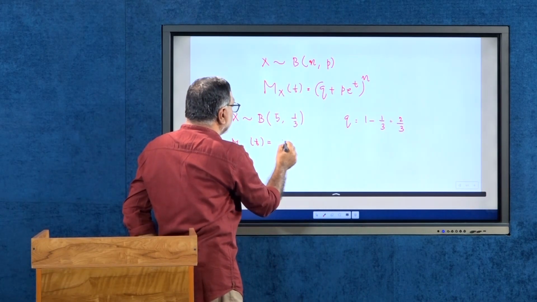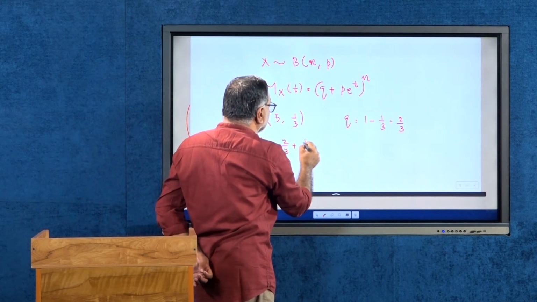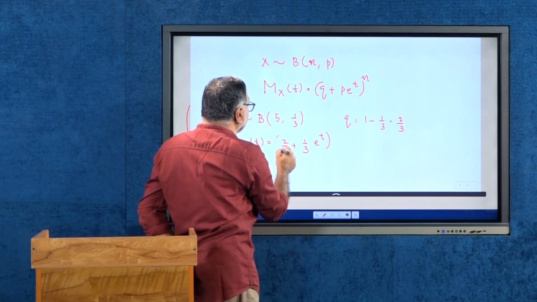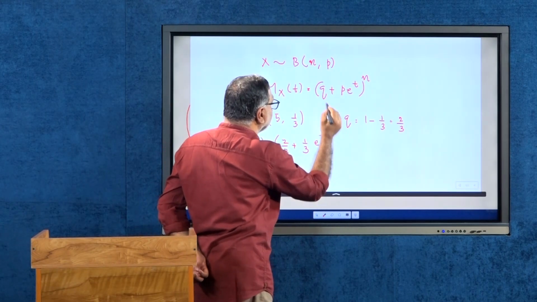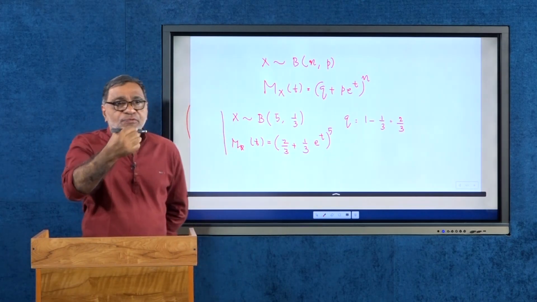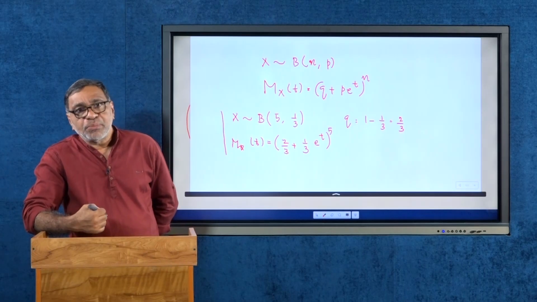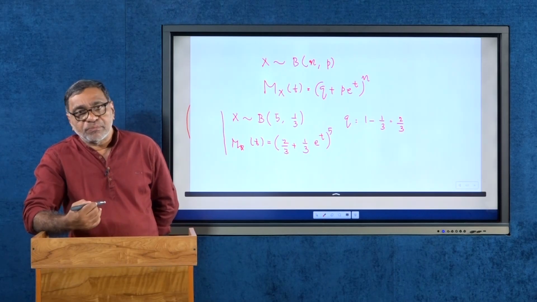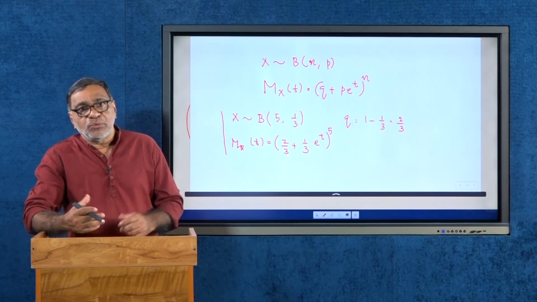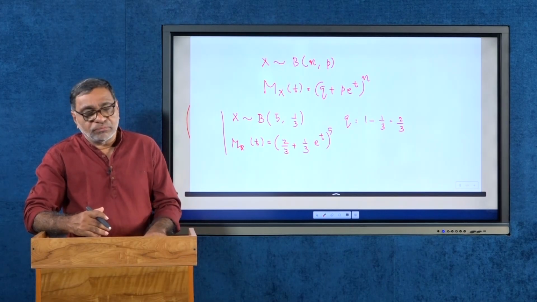So, this is 2 by 3 plus p, that is 1 by 3, e power t, all power n, that is 5. So, for this random variable, the moment generating function is (2 by 3 plus 1 by 3 e power t) all power 5. Similarly, you can find the moment generating function of any binomial random variable if the parameters n and p are known.